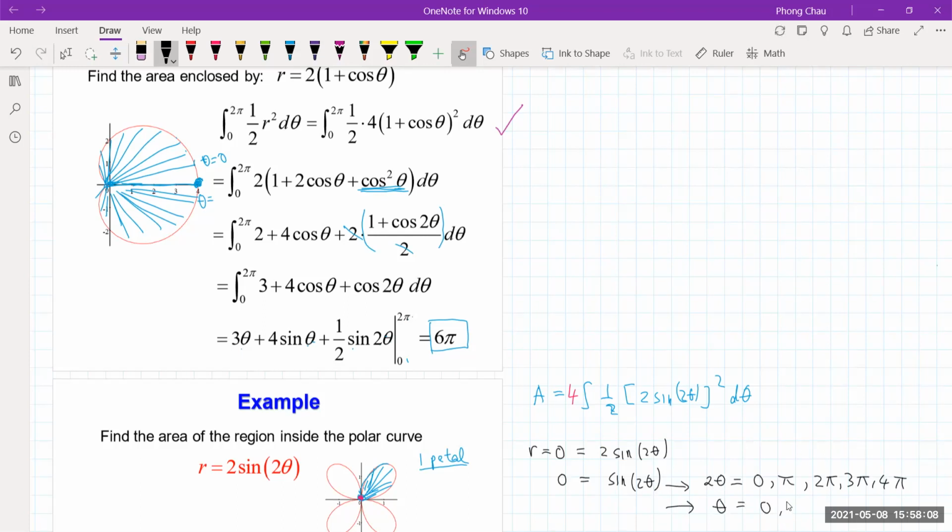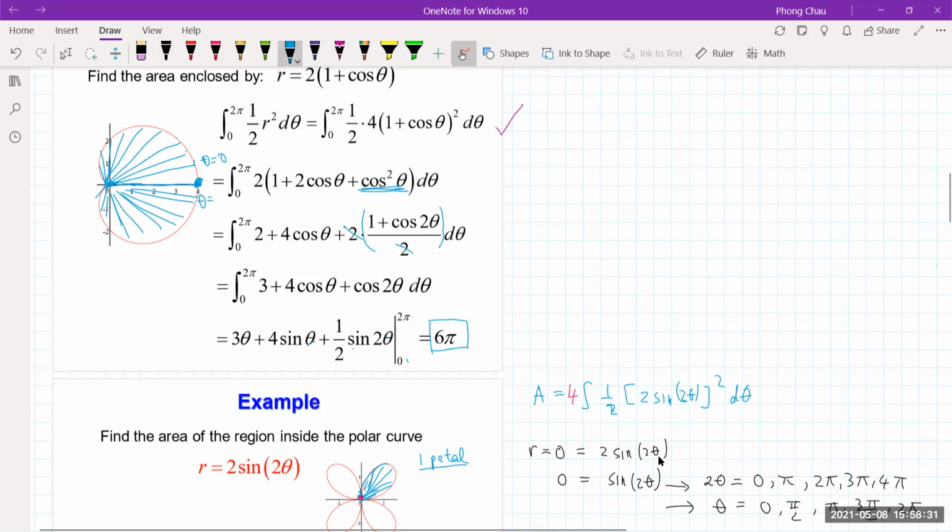You got 0, pi half, pi, 3 pi over 2, 2 pi, and so on and so forth. Now, when theta equals 0, that's corresponding to this pole, right? The first time is we are at the pole.